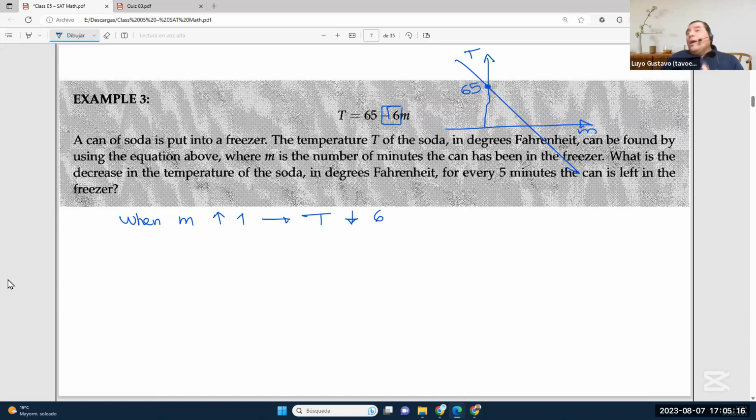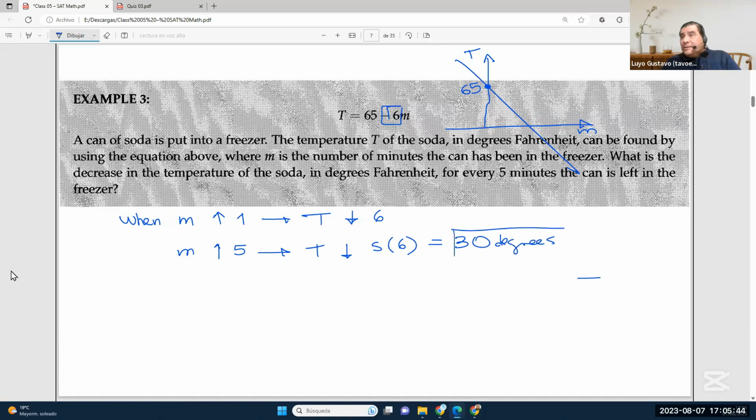So if in 1 minute the decrease is 6 degrees, in 5 minutes the decrease will be 5 times 6, in other words, 30 degrees. 30 degrees Fahrenheit. That's the answer to the question.